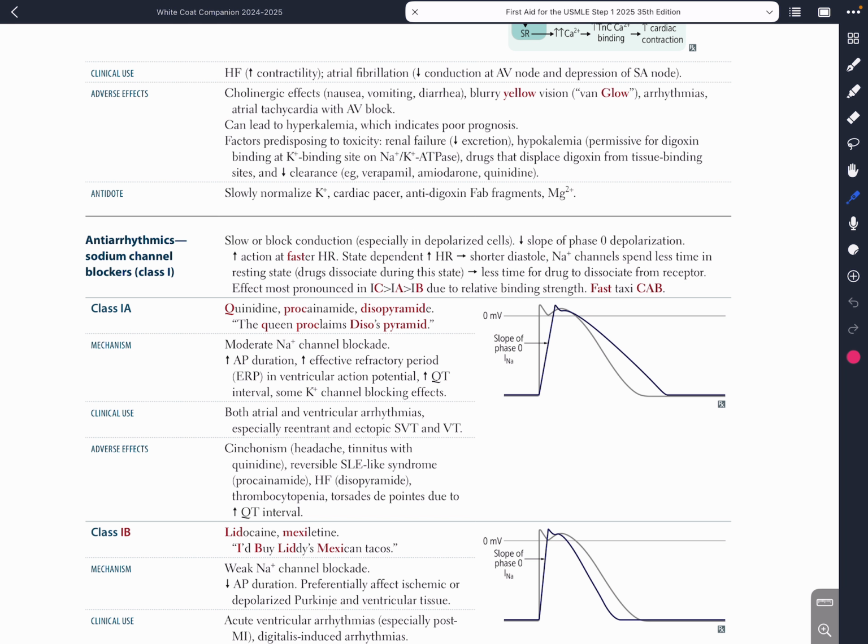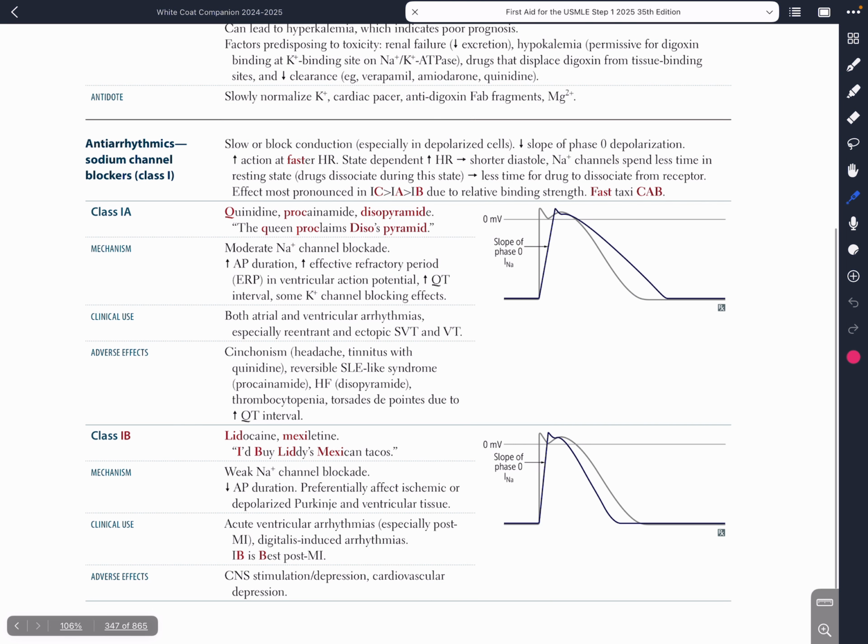So factors predisposing to toxicity are renal failure, hypokalemia, and drugs that displace digoxin from tissue binding sites and decrease clearance. The antidote for digoxin is slowly normalizing potassium, a cardiac pacer, anti-digoxin Fab fragments, and magnesium Mg2+.